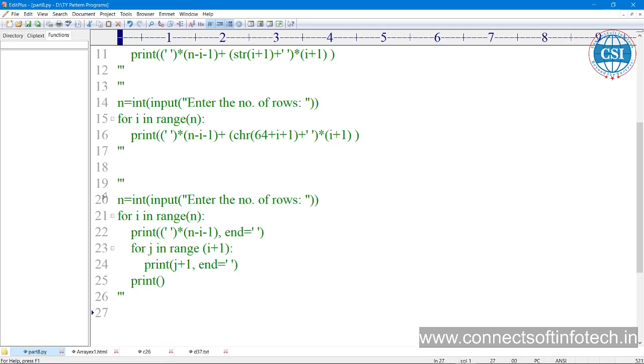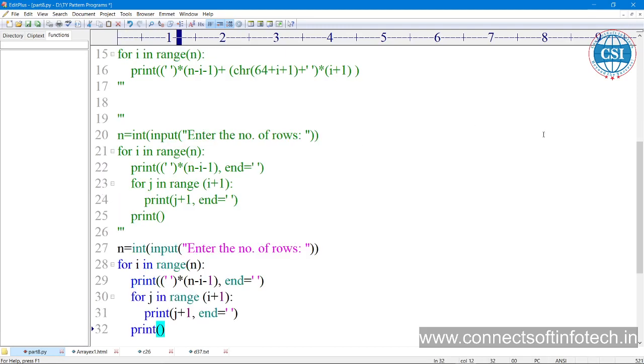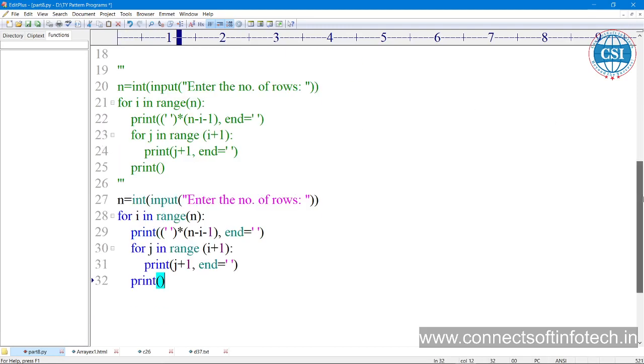Now instead of these numbers, we have to print alphabets here. So let us convert this using chr, character, and you can write 64 plus j, that's it.